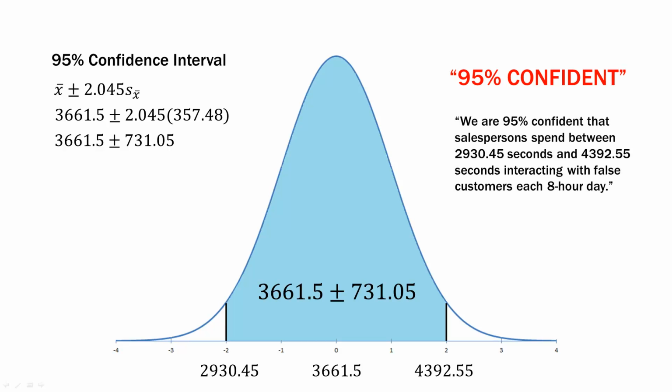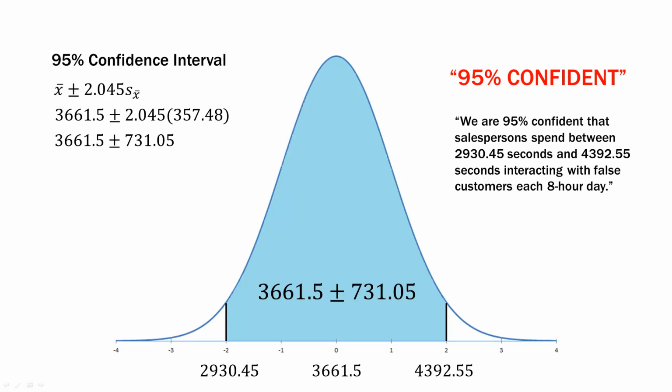So we say we are 95% confident that salespersons spend between 2,930.45 seconds and 4,392.55 seconds interacting with false customers each 8-hour day. So remember, we're not saying we're 95% confident the population mean is in this interval.